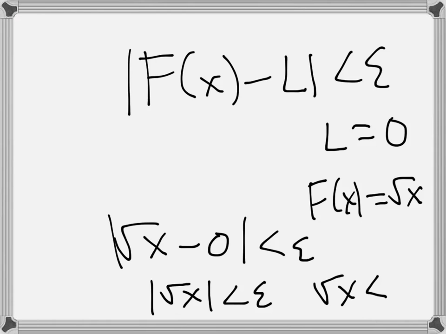So they're really just saying that they want the square root to be under their line. Let me show you on a graph what we're talking about for this problem. Their challenge is they're going to give you an epsilon, and you have to prove that square root of x is less than that epsilon for your region where x is between 0 and delta.